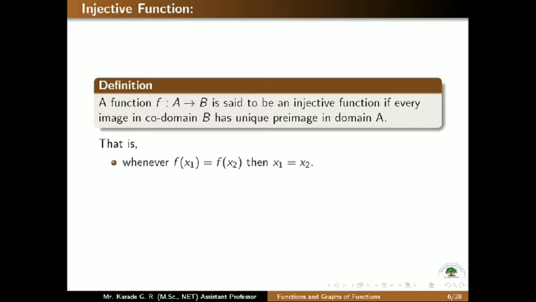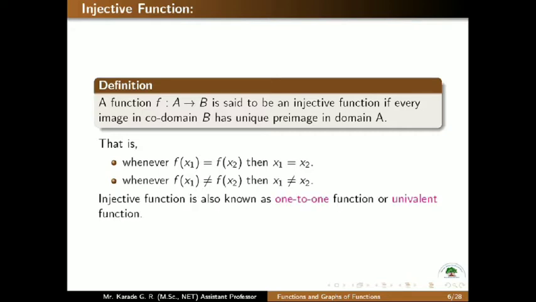Or in other words, whenever two images are the same, their preimages are also the same. Or we can say whenever two images are not the same, their preimages are also not the same. An injective function is also known as a one-to-one function or univalent function.